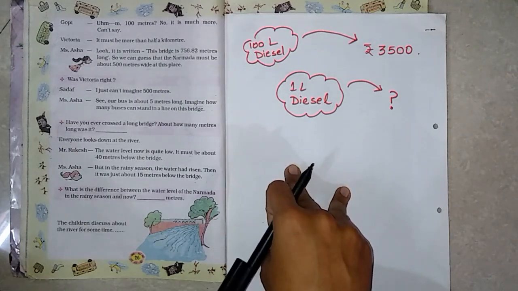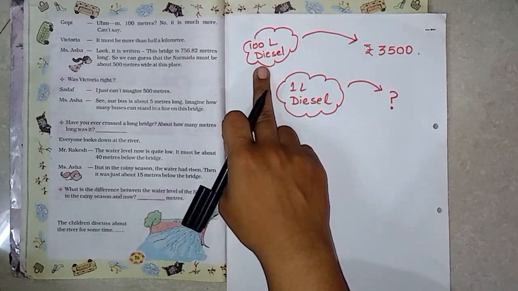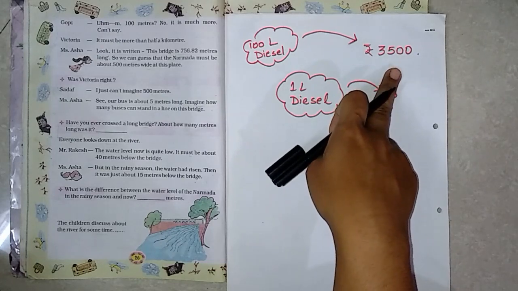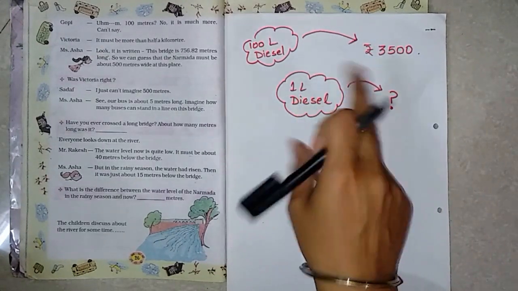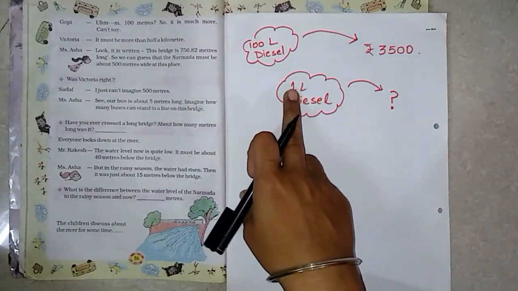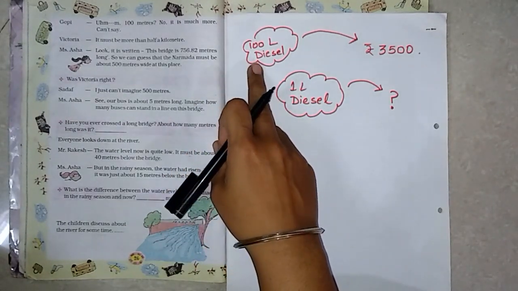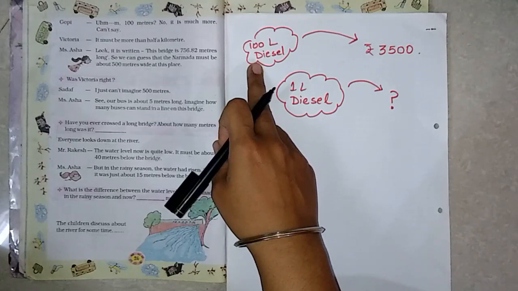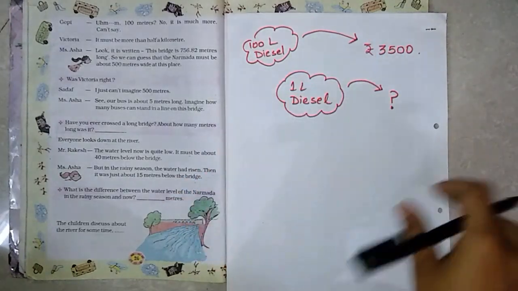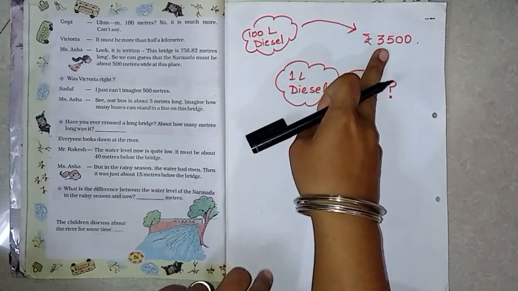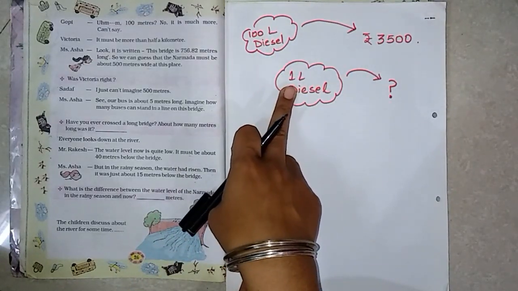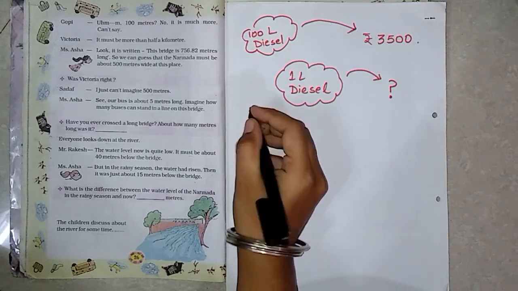So what is given to me? That 100 liter diesel costs rupees 3,500. So what does 1 liter diesel cost? We need to find the cost of 1 liter. Alright. So in this case, when more quantity is given and we need to find for one, which operation will we apply?